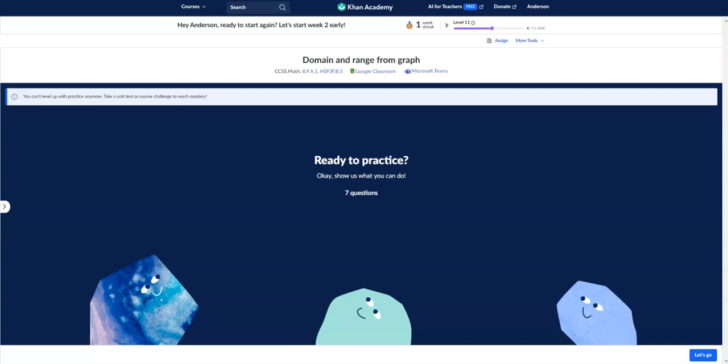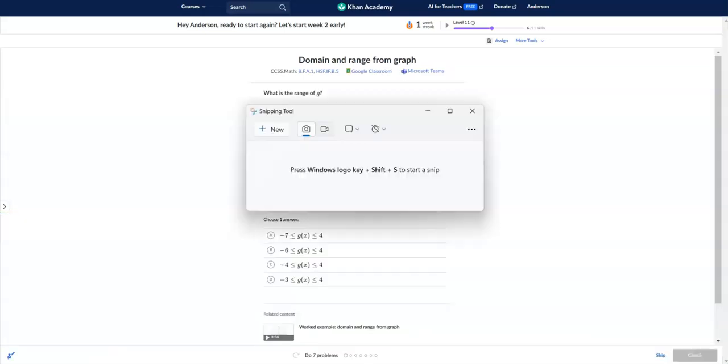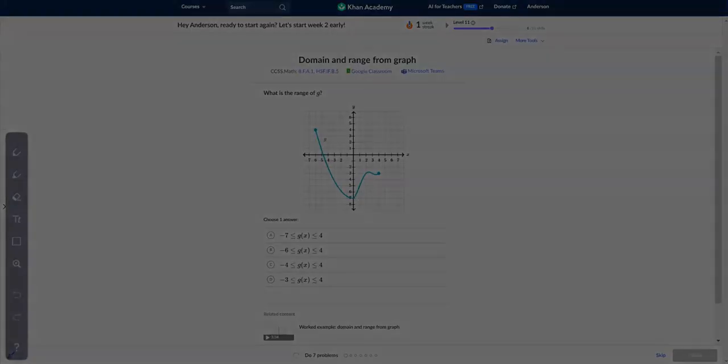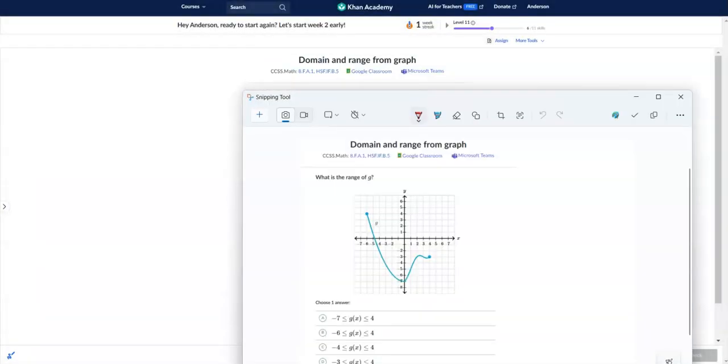All right, domain and range from graph. Before I move on to answering a question, first off, we have to memorize what domain and range are. Domain is all of your x values, and values is the same as numbers.